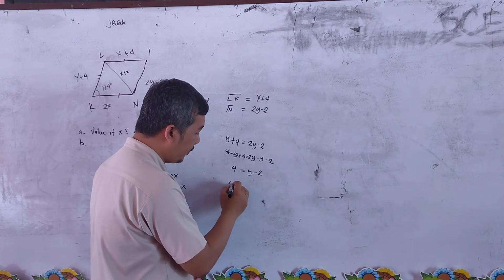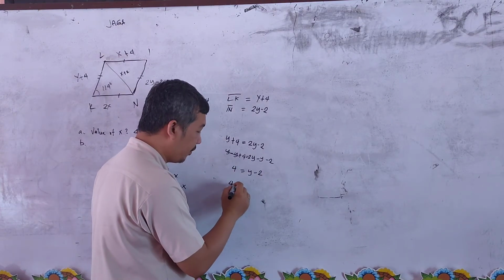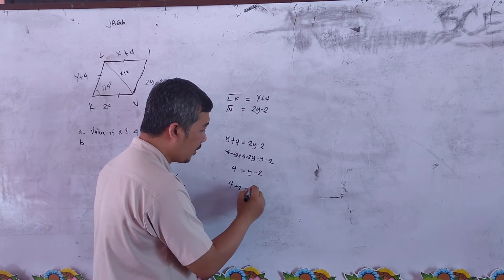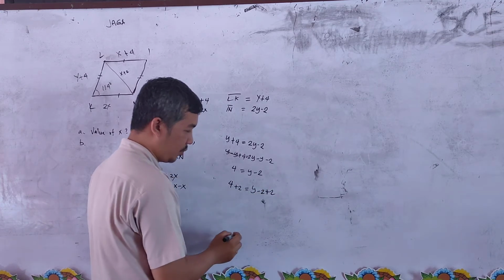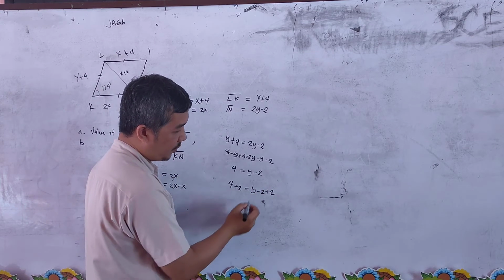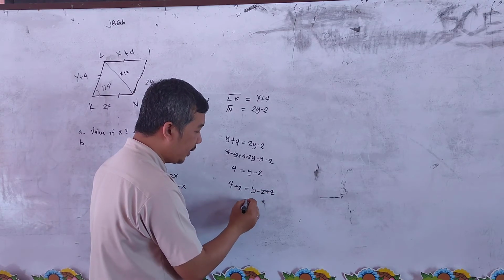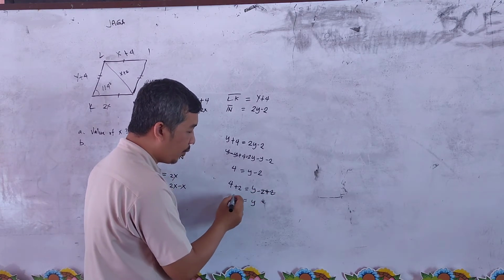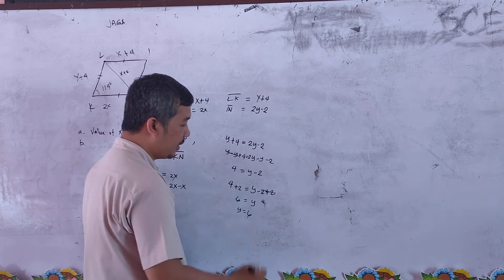So what we're going to do is add on the right side, ganun din sa left side. 4 plus 2 is equals to y minus 2 plus 2. Okay, so negative 2 plus 2 is 0. So matitira sa atin is y. 4 plus 2 is 6. So y is equals to 6.